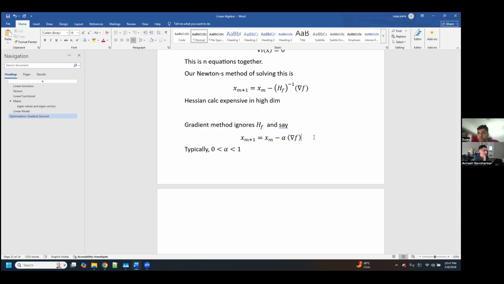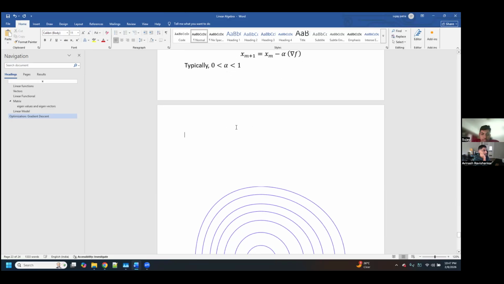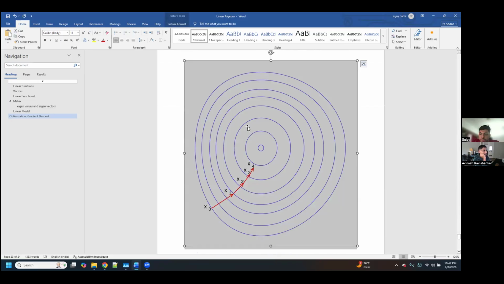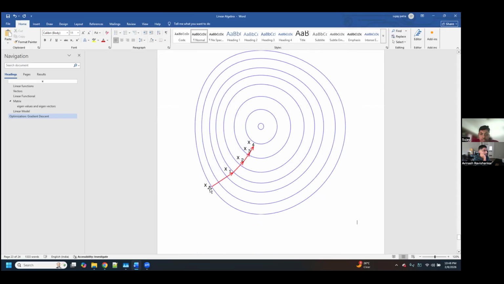I copied this picture from Wikipedia to highlight what is happening. This is x naught. Are you familiar with this kind of contour plot? I've seen a contour plot before, but I'm not sure how it relates here.